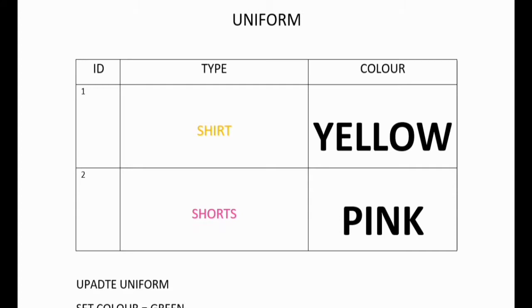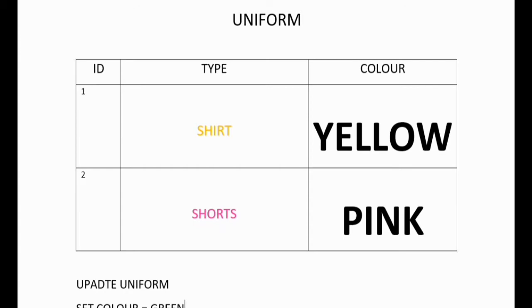So it will just go through color and change everything we have there to green because we have not specified any ID. In that case, if we have 200 IDs or 500 or maybe 1000 IDs, it doesn't matter. It will just change everything to whatever we set below update uniform.